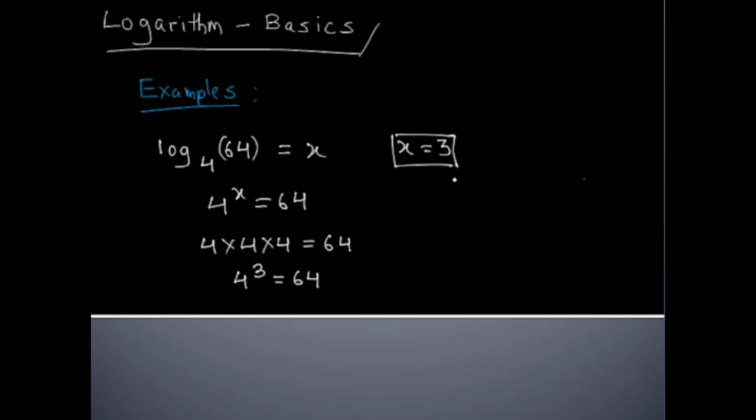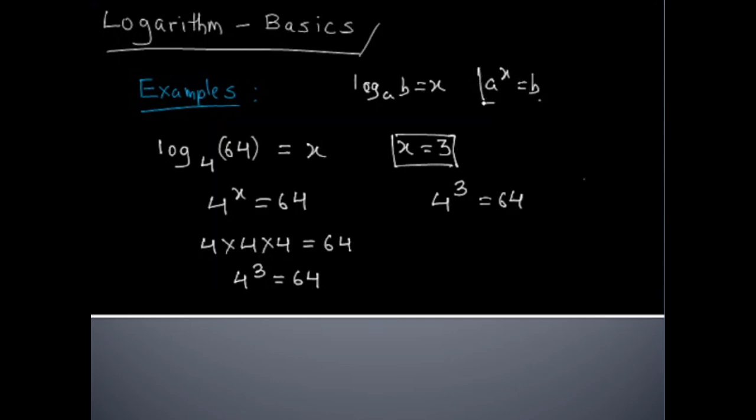In exponential terms, we can also write it as 4 raised to the power 3 equals 64. Similar to the previous case, as you can note, log base a of b equals x, it means a raised to the power x equals b.